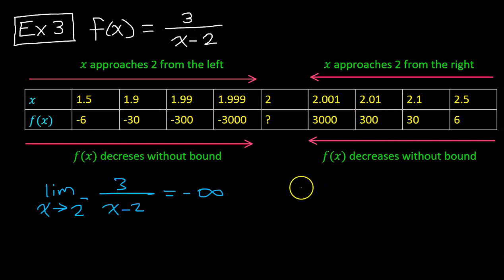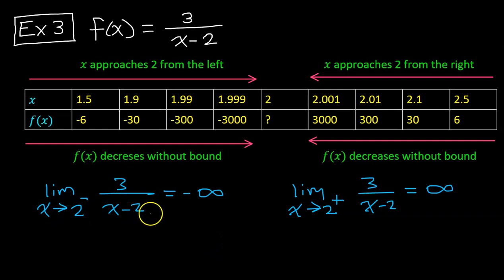And for this side, we would say that the limit as x approaches 2 from the right of 3 over x minus 2 is equal to positive infinity. Because the limit from the left is negative infinity and the limit from the right is positive infinity, there's no way to combine this into a single infinite limit statement. The best we can do is to give the limit from the left and the limit from the right separately.